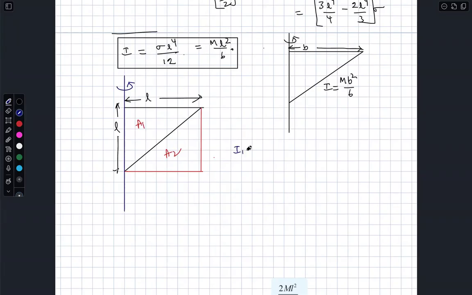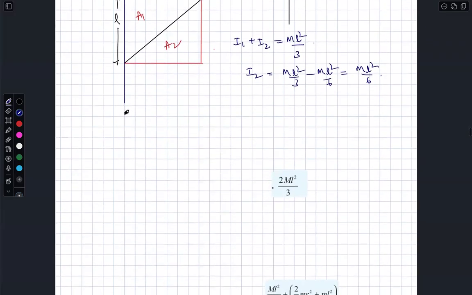So now there are two moments of inertia there. This we already know, ml square by 3. Now I am going to give you I2 as ml square by 3 minus ml square by 6, which is also ml square by 6. Which means if you have a triangle, remember this is only for a triangle like this.